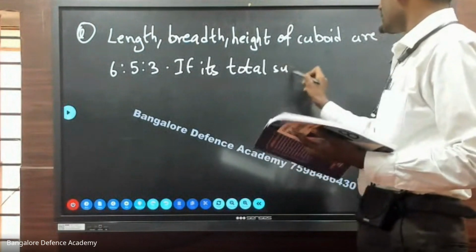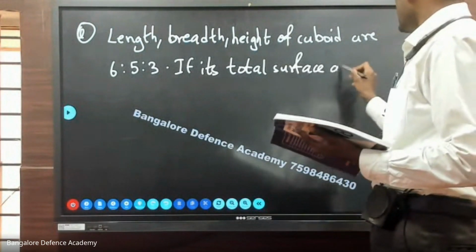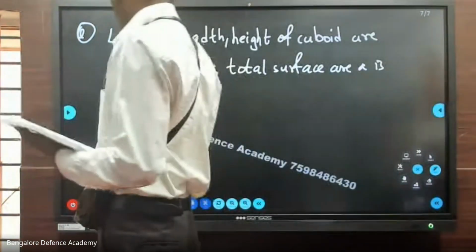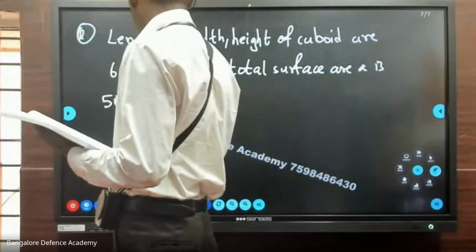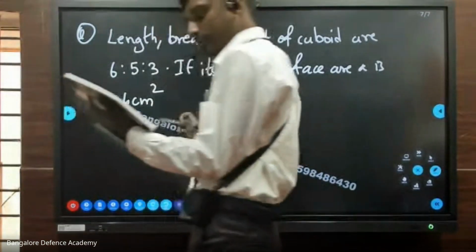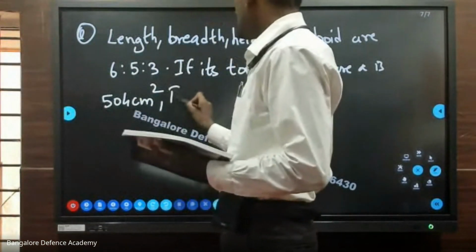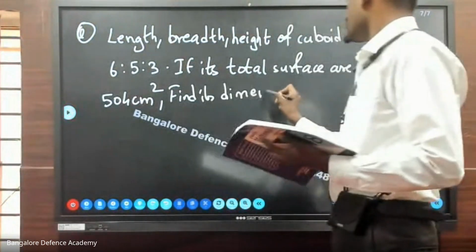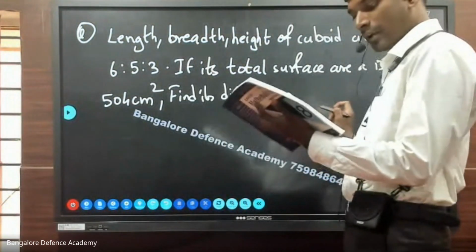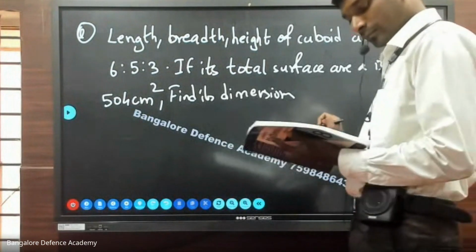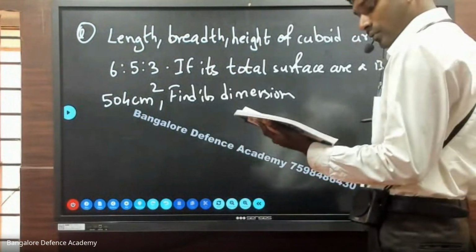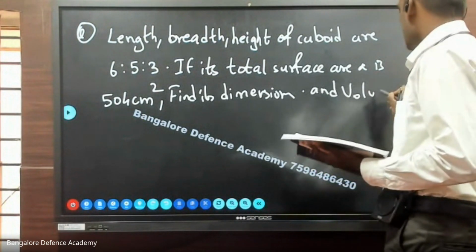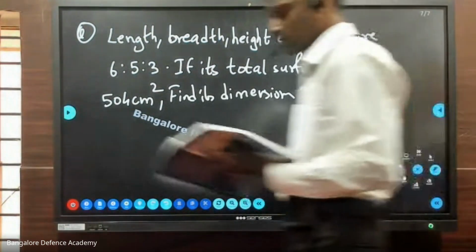If its total surface area is 504 centimeters square, find its dimensions. Also find the volume. Find its dimensions and also its volume. Same type of question.